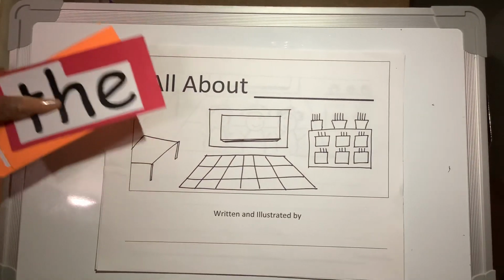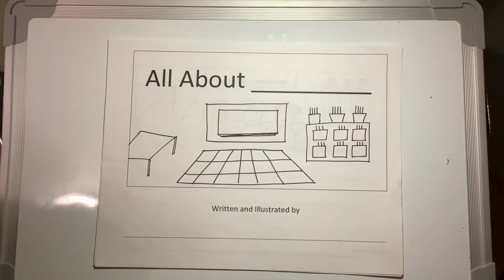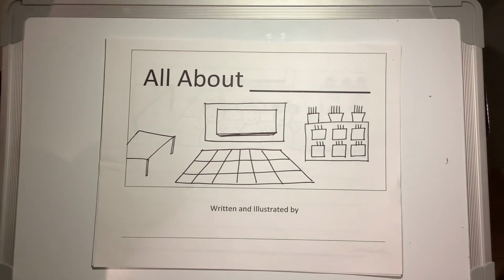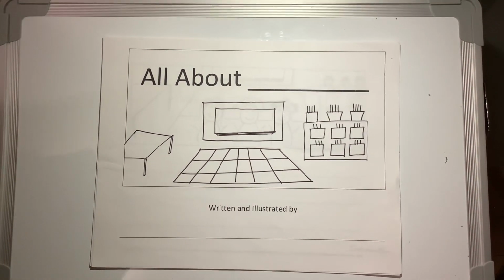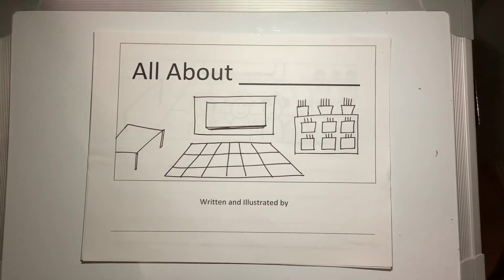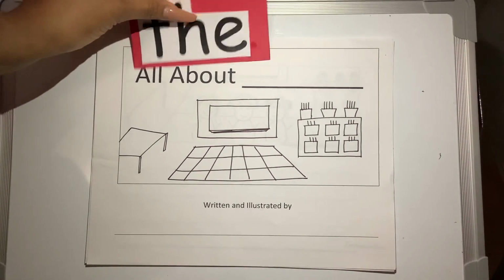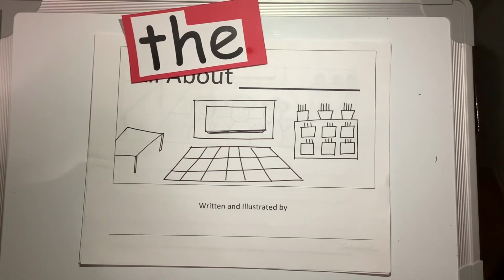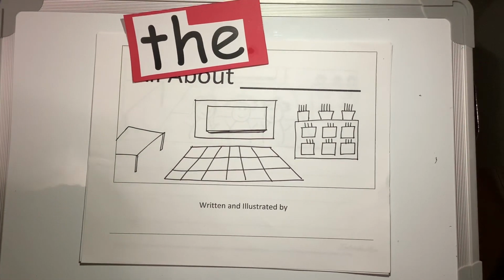Let's review our writing book. This is a picture of the classroom. So I am going to write all about the classroom. And I have taken out my sight word card so I know how to spell the word the correctly.